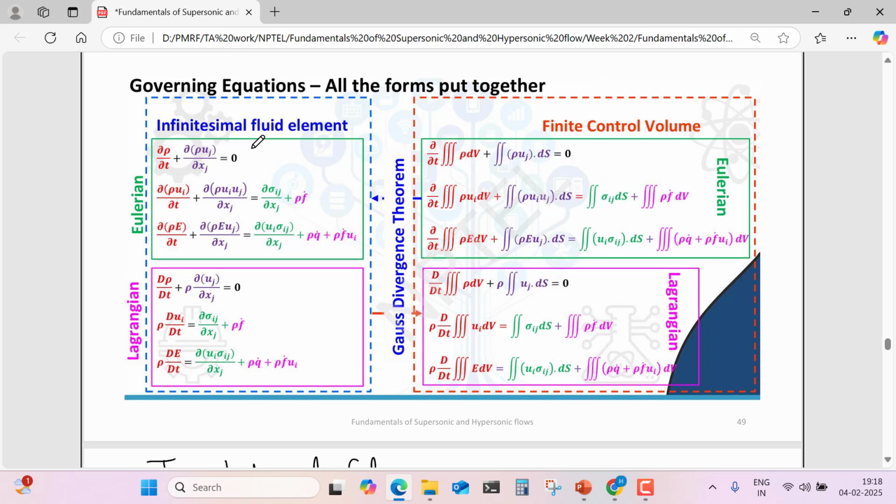We see that this j and j index are repeating, so this is a scalar equation. In the momentum equation, only index i is the one which is not repeating in all the terms. So this is the vector equation.